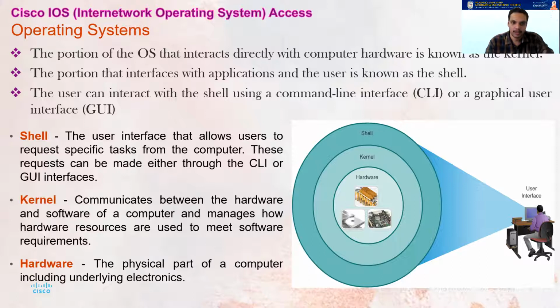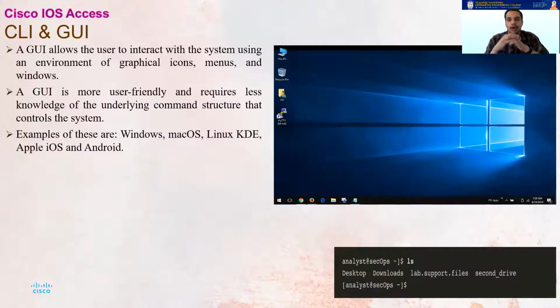Now, talking about CLI and GUI, the best example for a graphical user interface is the Windows operating system. When you open a Windows PC, all you see is graphics with icons representing different actions. So it becomes much easier for the user to work with these things. You can simply drag and drop, copy and paste.